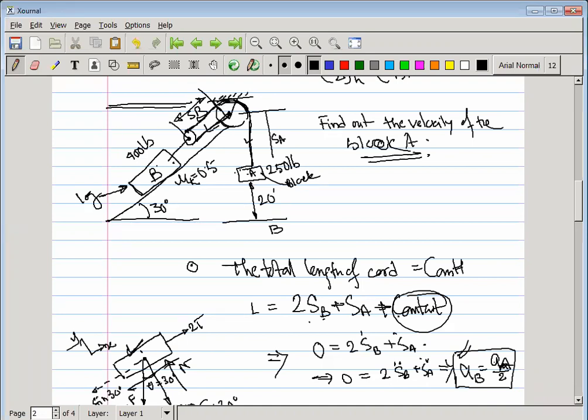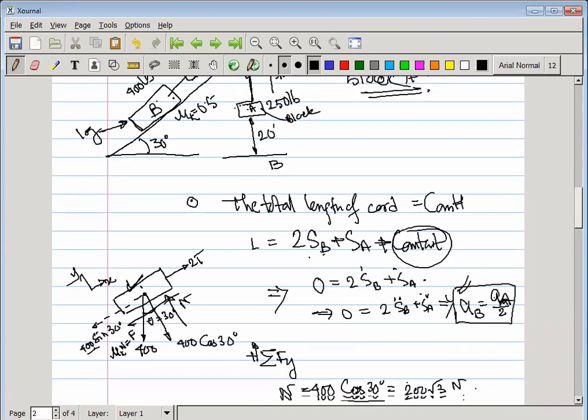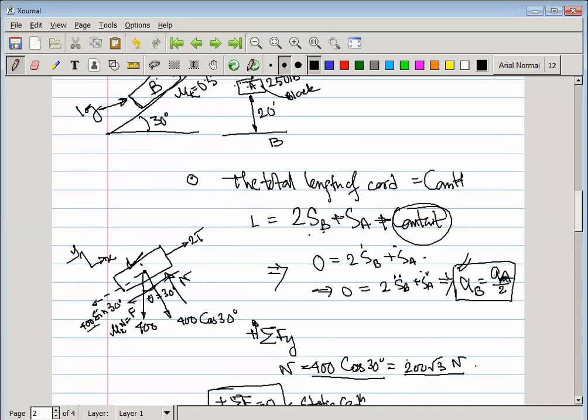So we can put it as a constant. From here we can find the relationship between two different particles' accelerations.